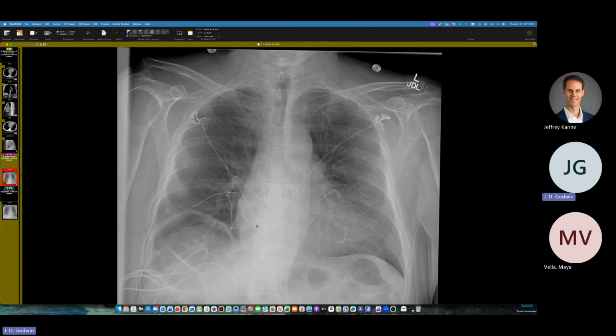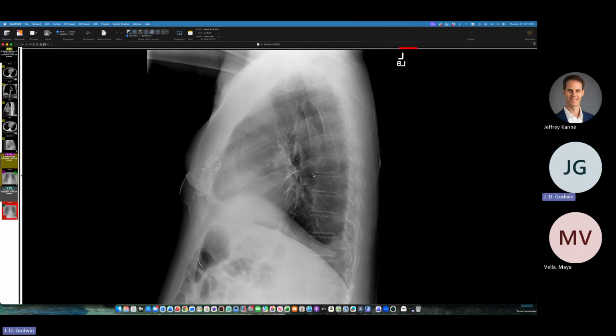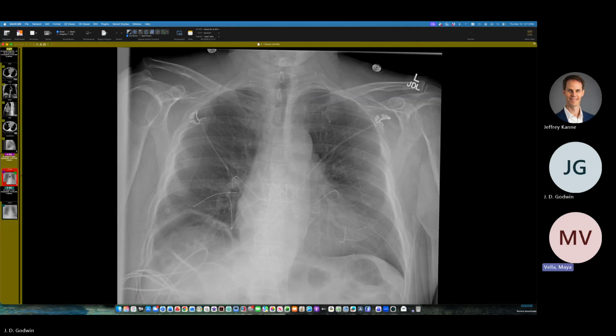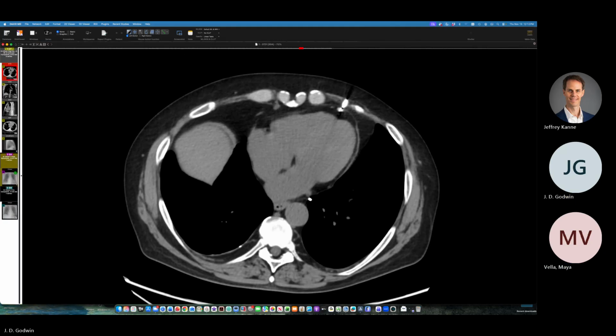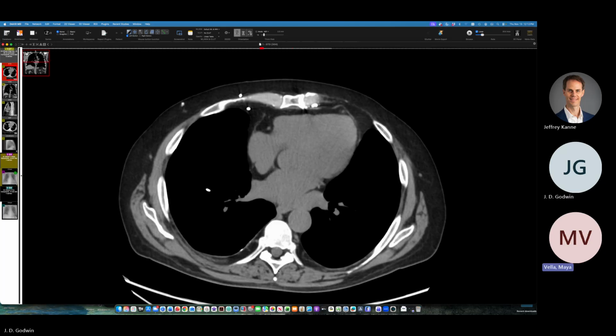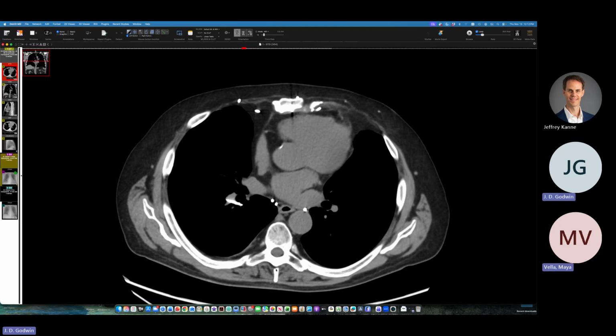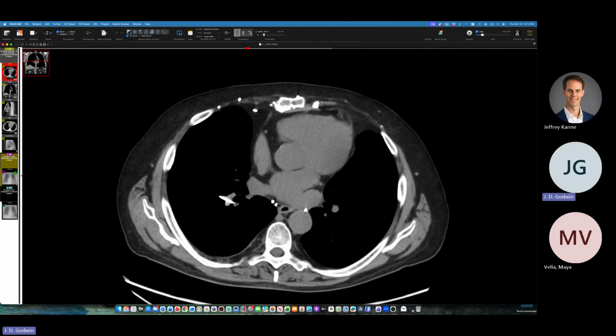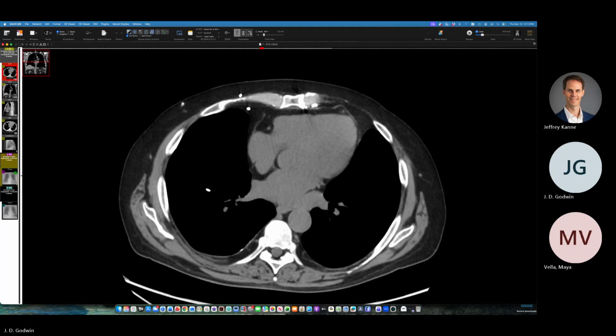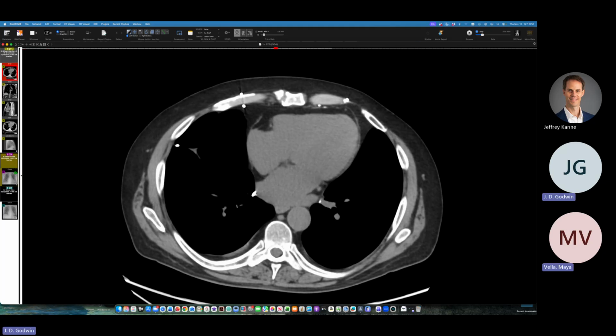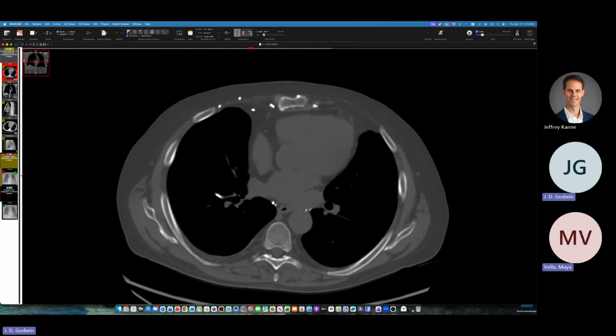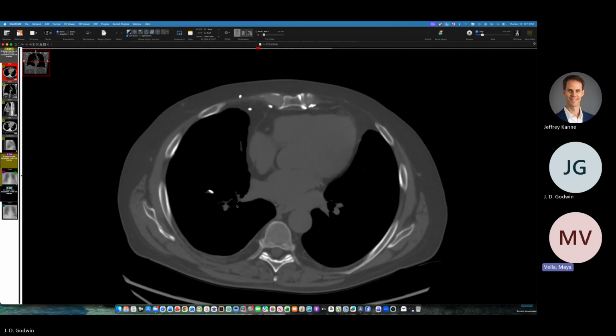And on a lateral view, we can see that there is a fragment way posteriorly back here. And then here is that fragment of wire in a pulmonary artery. So this is an embolic fragment. Wow.